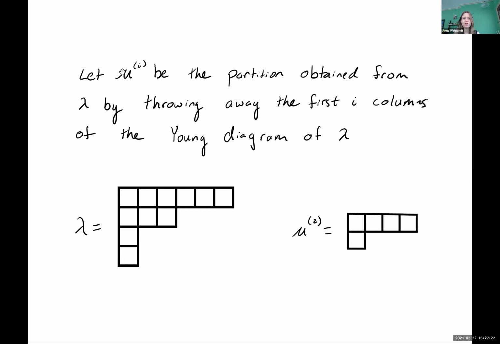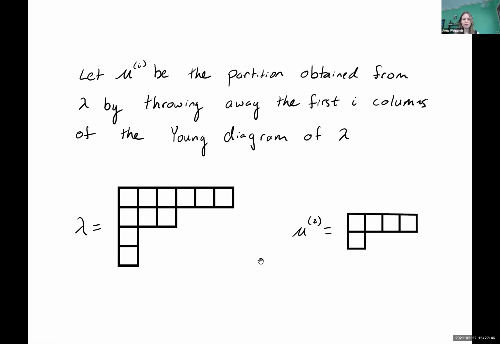So mu I is the partition obtained from lambda by throwing away the first I columns of the Young diagram. If lambda is 63110, this mu 2 is this partition 4-1 that you get by throwing away the first 2 columns of the Young diagram.